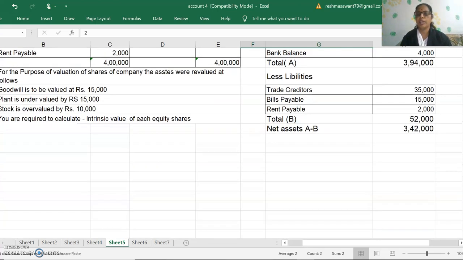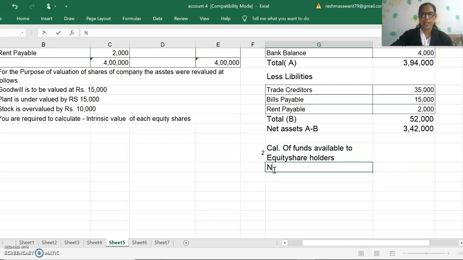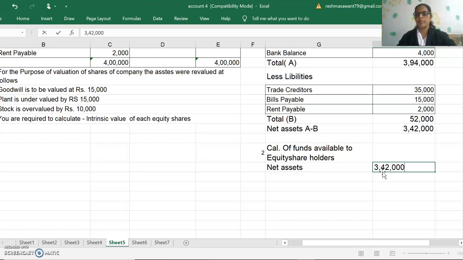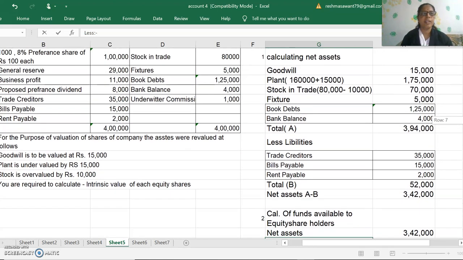In this calculation we have to calculate funds available to shareholder with the help of net asset, that is 3,42,000 calculated in working note number 1, less preference share capital present in your question. Make sure, is there any preference share capital? Yes.